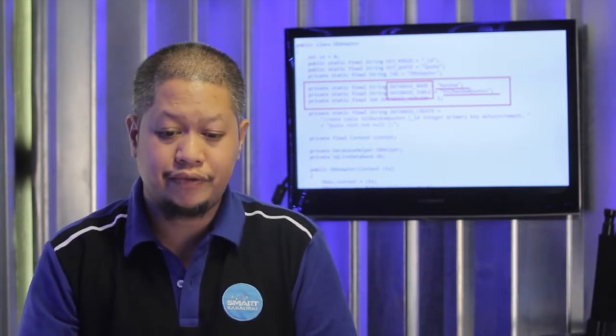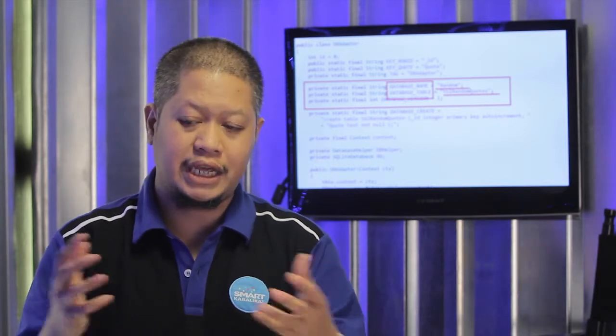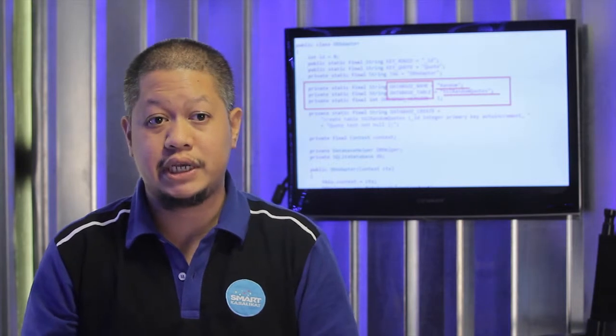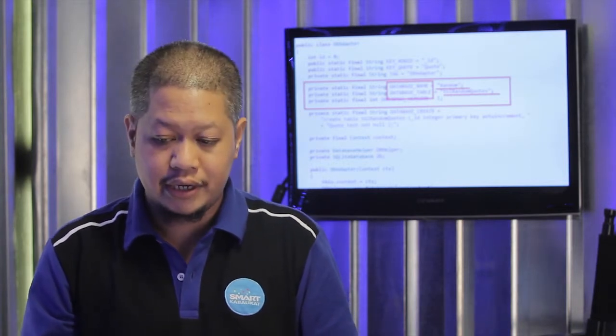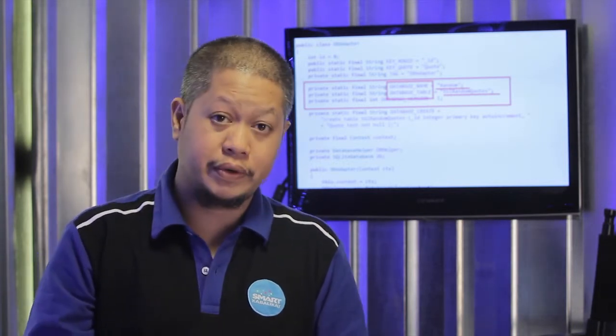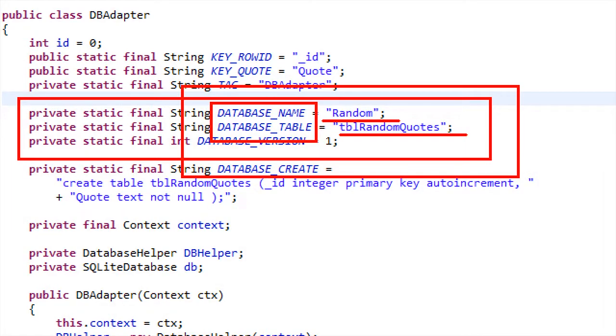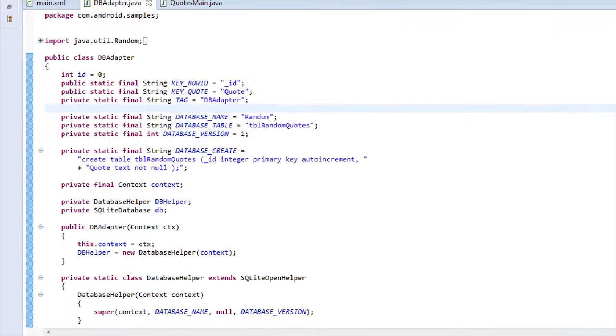This is also good for code maintenance, so that in case you decide to change any of the names, you don't have to change it in your other pieces of code. All you have to do is change it in this section, and you know automatically that it gets changed everywhere else because they refer to database name and database table instead of the actual names that we have for them.